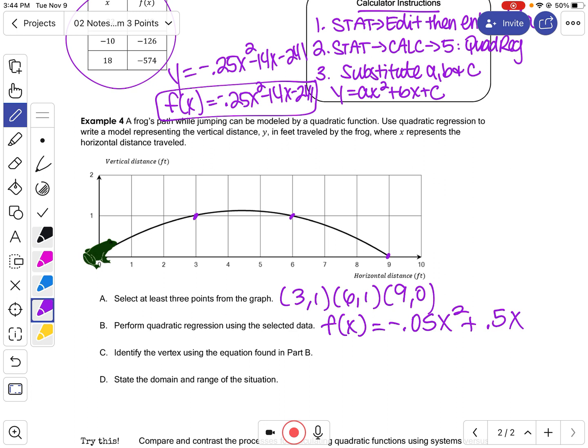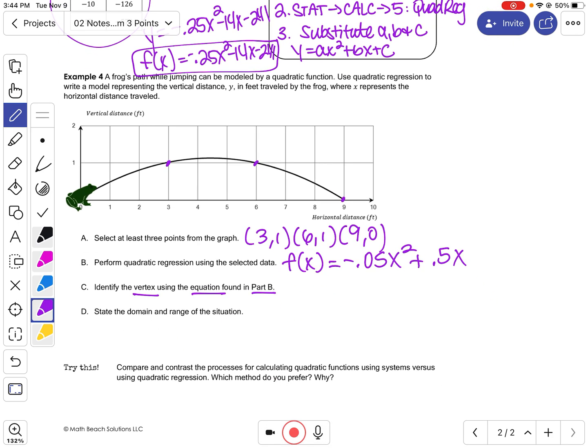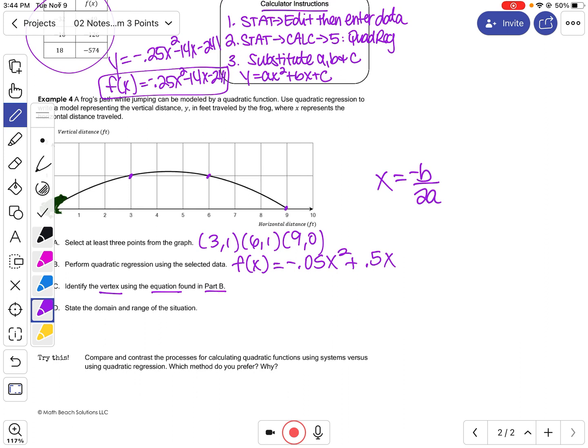It says identify the vertex using the equation found in part B. Remember, when you're in standard form, the x of the vertex is negative b over 2a. So that's negative 0.5 over 2 times negative 0.05.